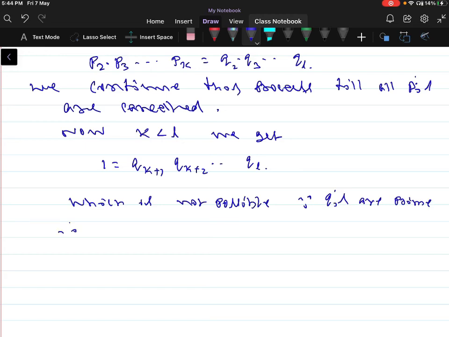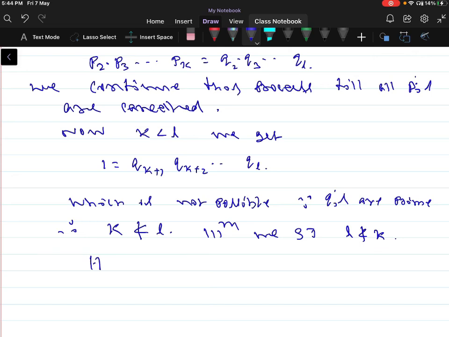Therefore, k is not less than l. Similarly, we show that l is not less than k.